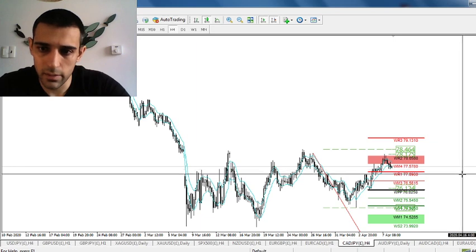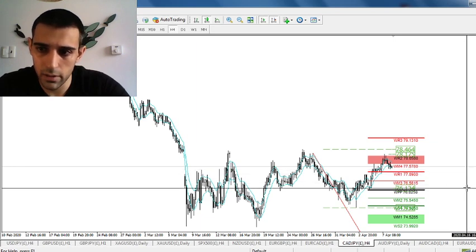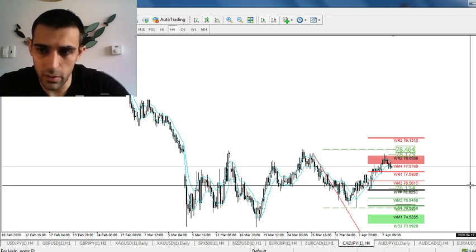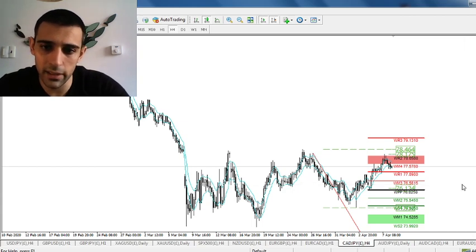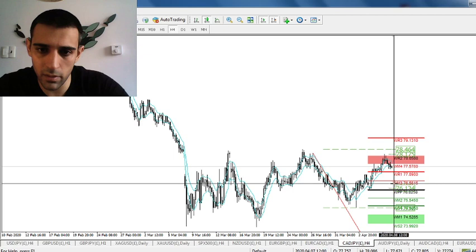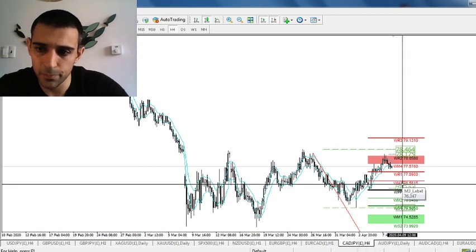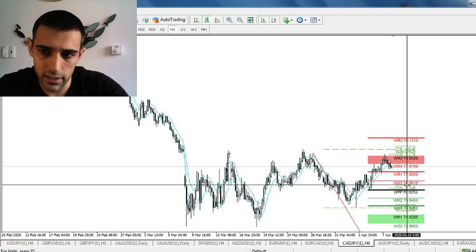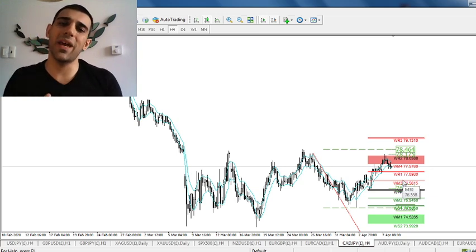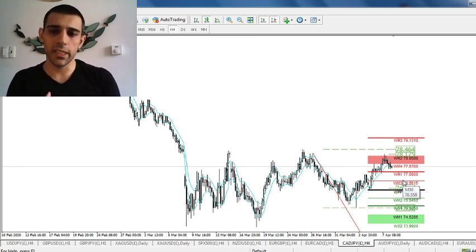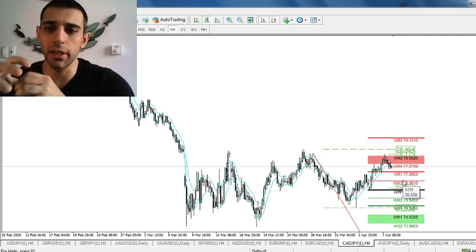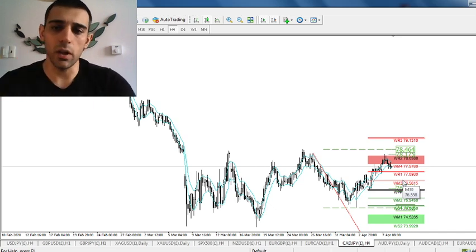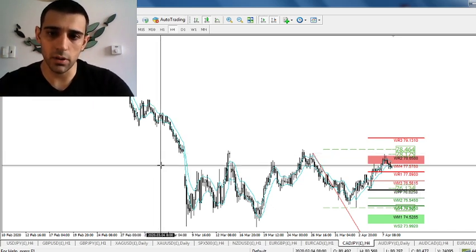We can use these lows down here, which are at 76.25, give or take a few pips, so around 76.30. We'll be looking at about 100 pips profit with a risk of 20 or 25 pips. So relatively very good. Actually, more than 1 to 4. That's pretty good risk reward on that.